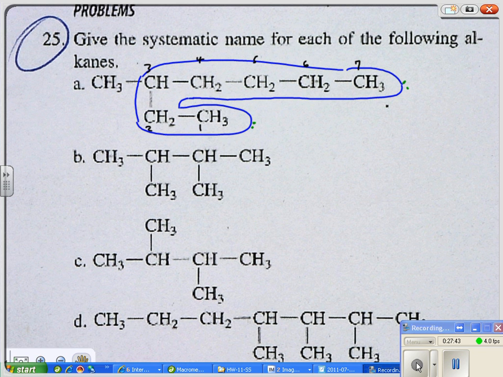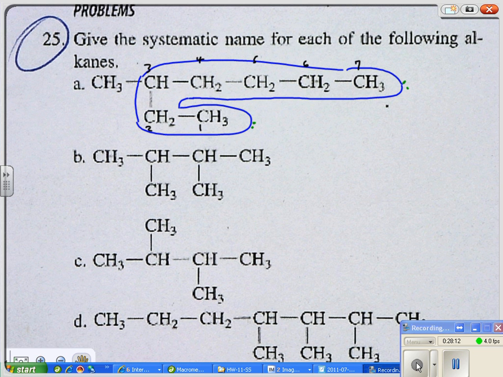So, what are our groups that we're going to have to be considering here? Only one, correct? What carbon is he on? And this one goes to Tina. Could you tell us what carbon we're on? Tina, look on the board.